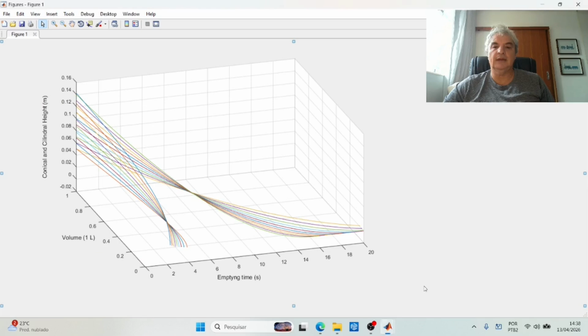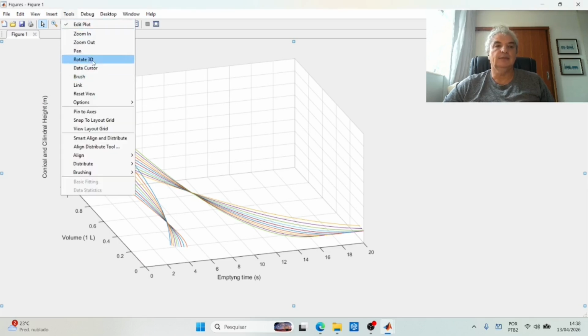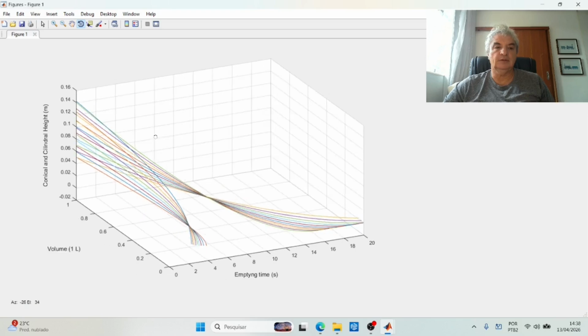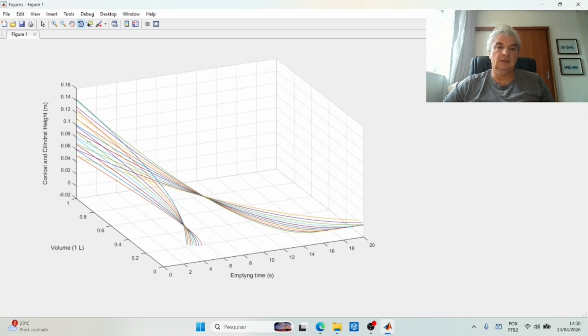After running the program, we get this figure here, which is very interesting. And what do you notice? This part here is due to the cone, so the cone emptying time for several angles.